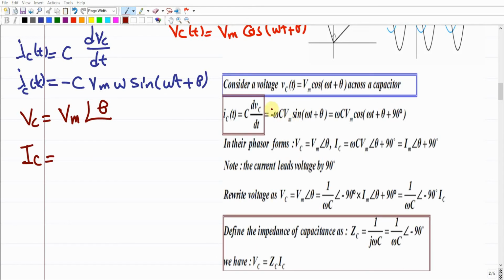If you want to get rid of this negative, we can move it inside, because, if you remember, one of the properties of the sine function is that we can move the negative inside.